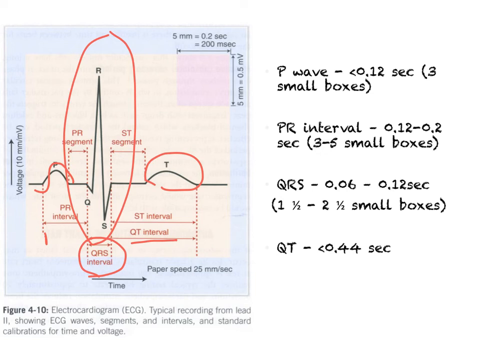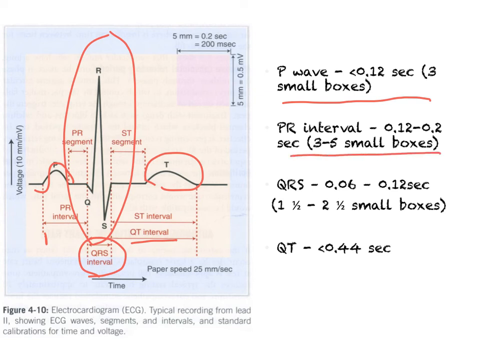So in typical patients, there are expected times for these different intervals. For example, a P wave usually should last less than 0.12 seconds, which would be the equivalent of 3 small boxes. A PR interval should be between 0.12 to 0.2 seconds, so anywhere from 3 to 5 small boxes.